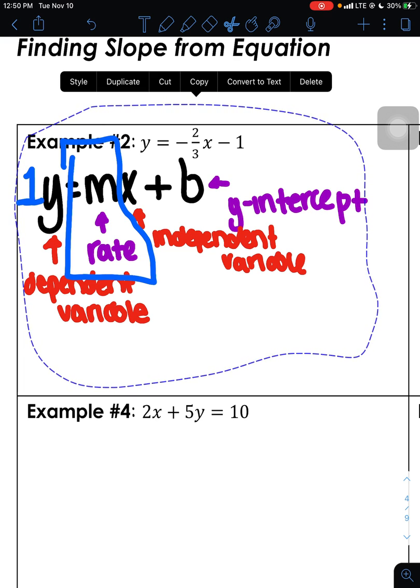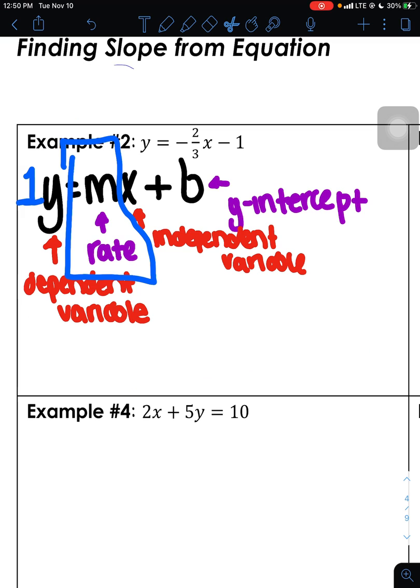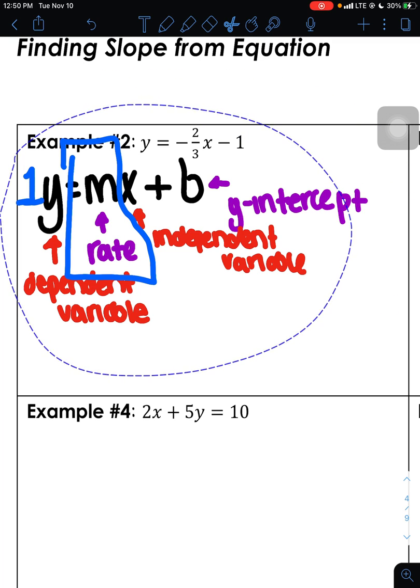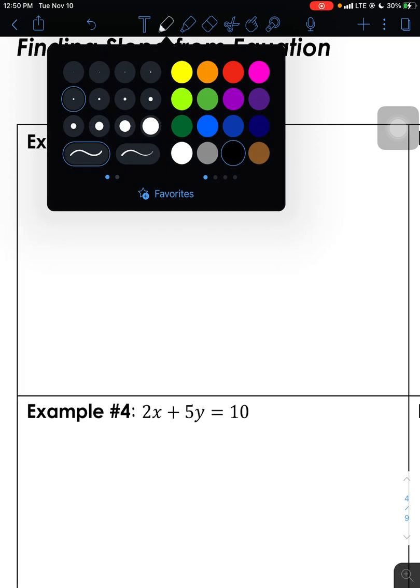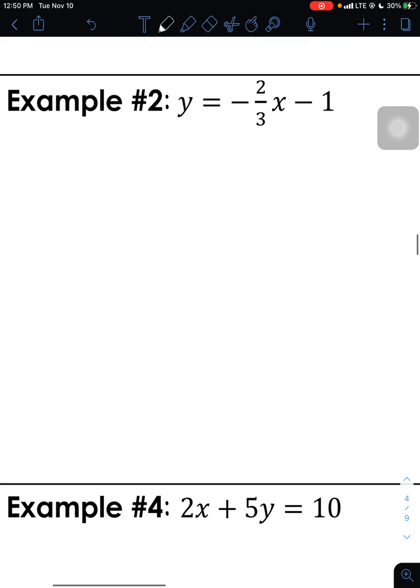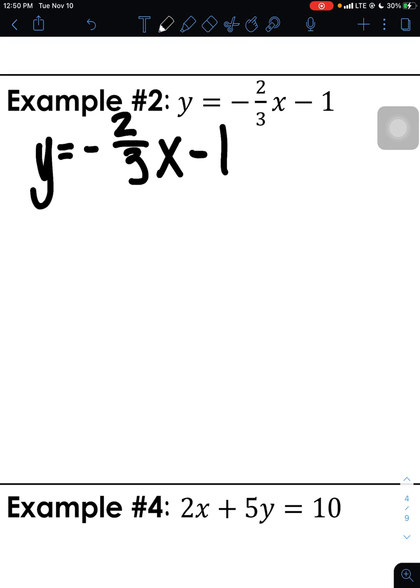So let's take a look. I'm going to copy this. Actually, I'm going to delete it now. So my equation is y equals negative 2/3 x minus 1. Let me verify that this is in slope-intercept form, because once it's in slope-intercept form, all I have to do is identify the coefficient in front of the x term.